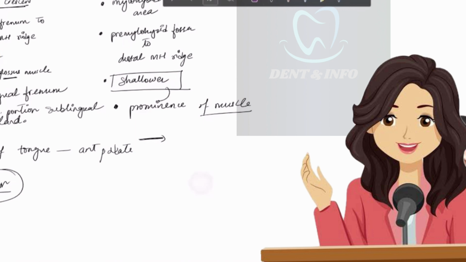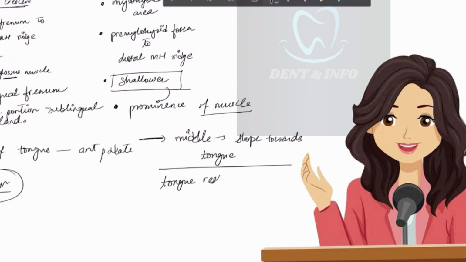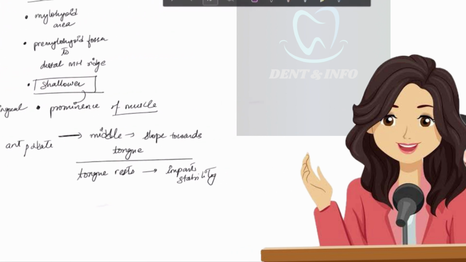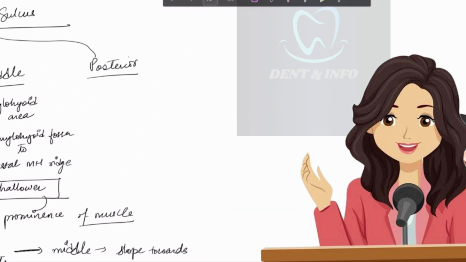So the middle part of the lingual flange is made to slope towards the tongue, the tongue rests on it, and this imparts stability to your denture, right? So that is how the second or middle part of your alveolingual sulcus is.